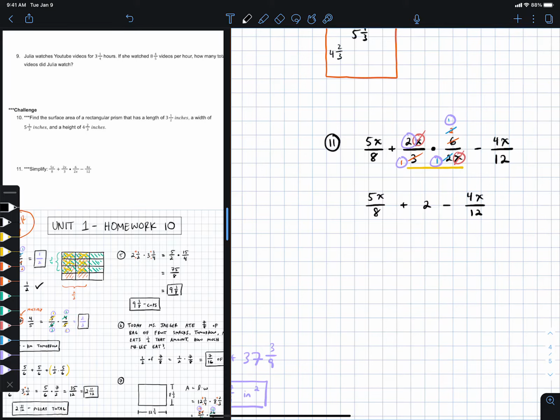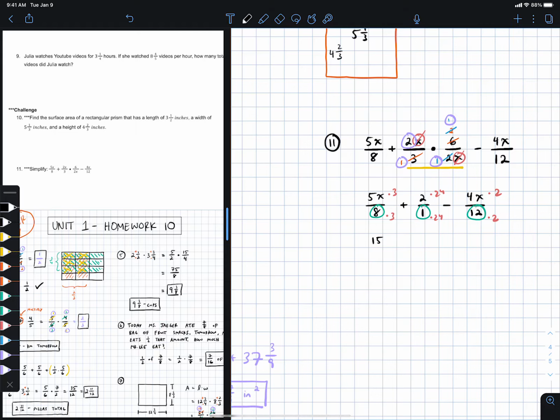Let me rewrite this 2 as a fraction, so let's call it 2 over 1. Let's see if we can find an LCD for these 3 values here. I think they meet at 24 for the first time. So we can do times 3, times 24, times 2.